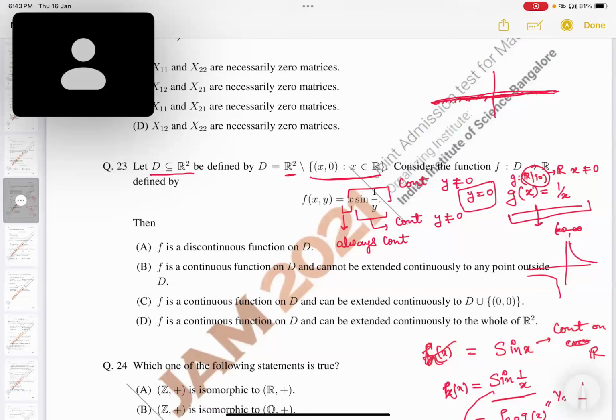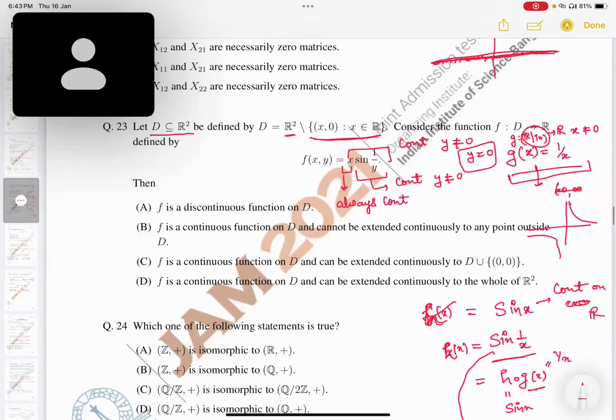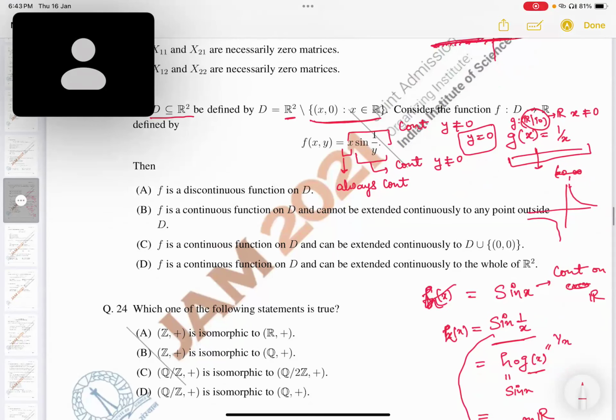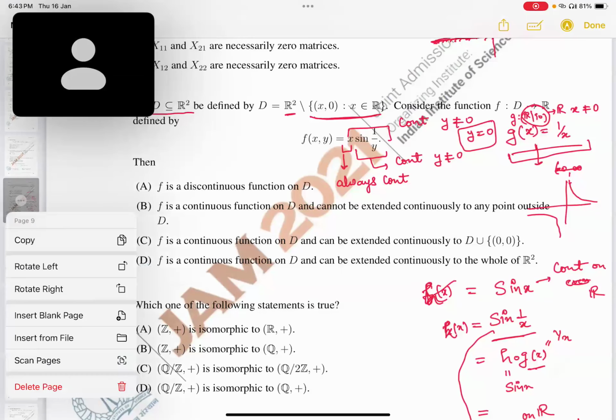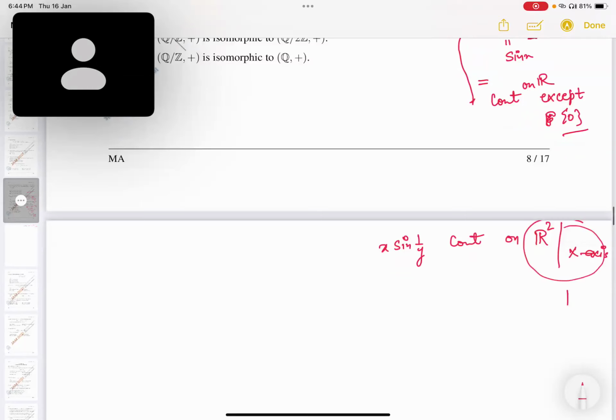So you can say this function is continuous everywhere in the domain. Are you getting my point? Yes, sir. So the function x into sine 1 upon y is continuous on R square minus the x-axis, and this is our domain D. So this is continuous in our domain.